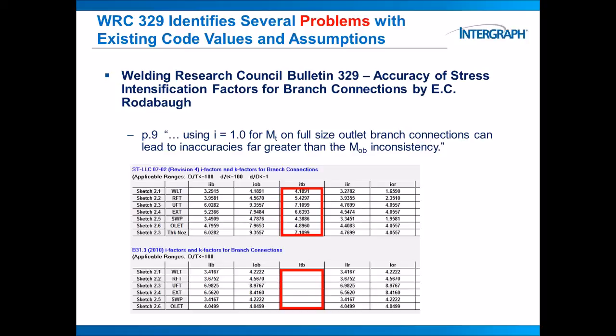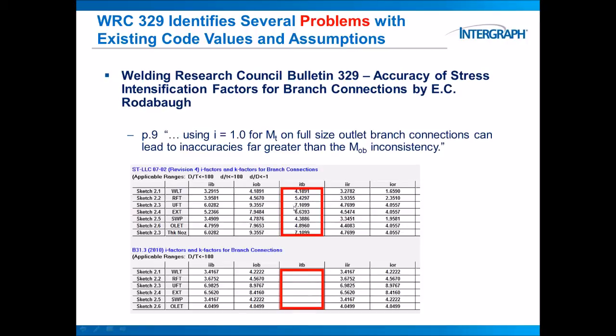But in reality, for an unreinforced fabricated T, for example, the torsional intensification factor for the branch can be 7.1.